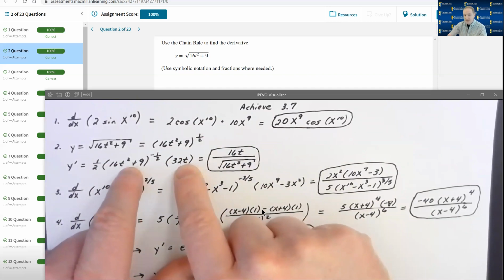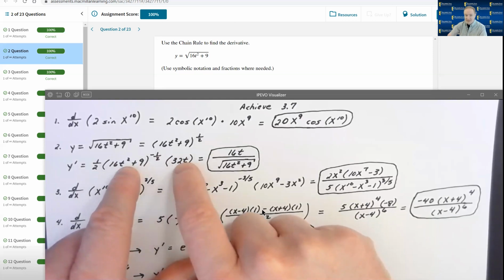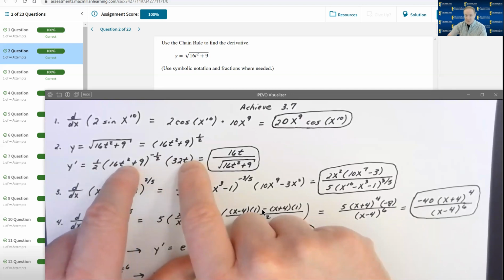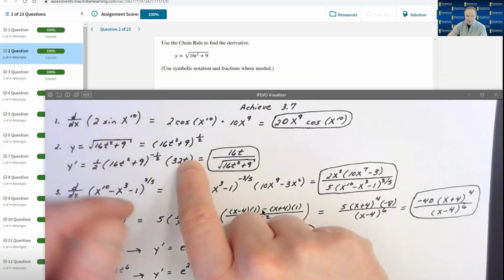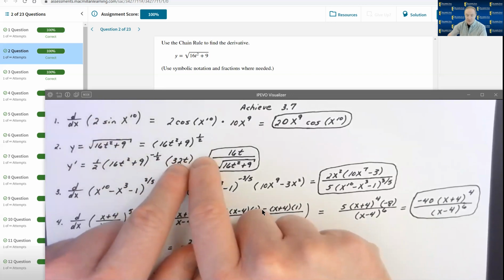Now, sometimes students don't understand, where do you stop with a chain rule? So this is a 2-layer chain. Why is it not a 3-layer chain? Well, the only thing that would be inside of this function 32t would be t. And the derivative of t with respect to t would just be 1. So even if you tried to take the derivative of what's inside this function, you're not going to get anything other than a factor of 1.